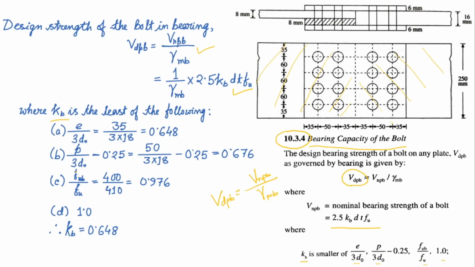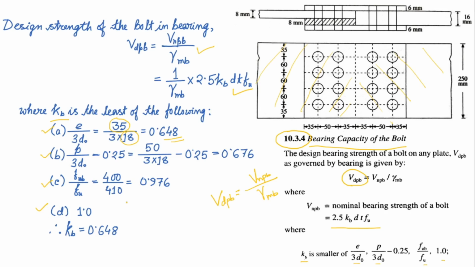So I have noted the 4 different values. First one is e by 3 d naught. So what is e, the edge distance, in this case? It is 35. If you see the figure, the edge distance is 35. d naught is the diameter of the hole. It is 18 mm. So this comes out as 0.648.